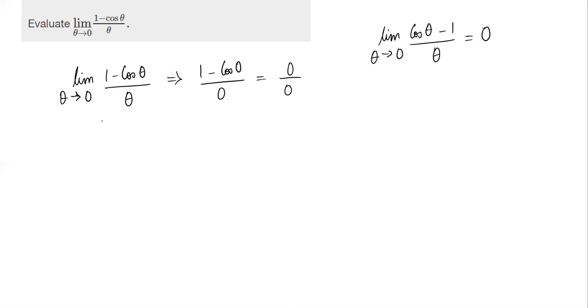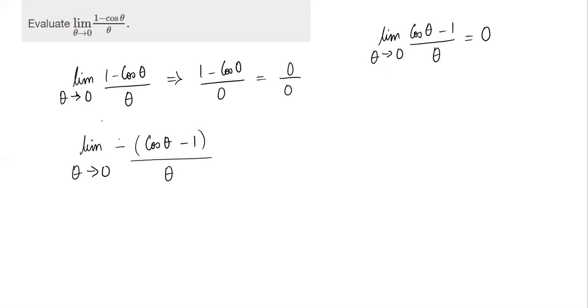Now we could use this idea, because the whole point is that it's just moved around. Instead of cosine theta minus 1, we have 1 minus cosine theta. So what we could do is pull out a negative sign: negative limit of cosine theta minus 1 over theta as theta approaches 0.